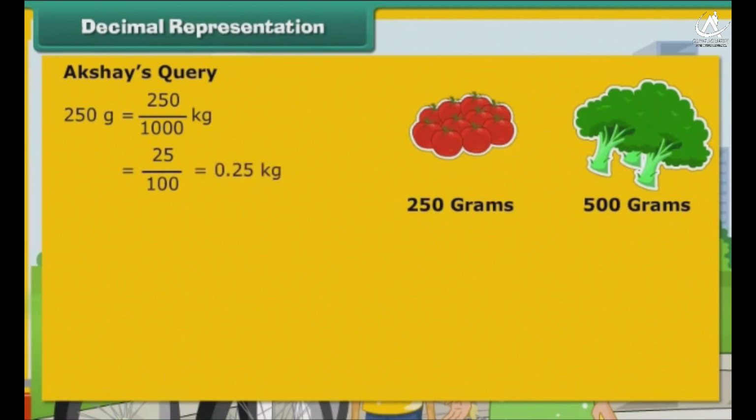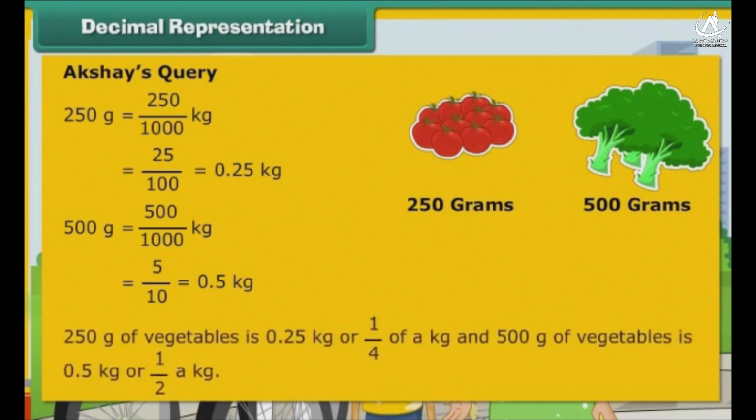That is equal to 0.25 or 1 by 4 kg. 500 gram is equal to 500 by 1000 kg, that is equal to 5 by 10 kg, that is equal to 0.5 or 1 by 2 kg. 250 grams of vegetables is 0.25 kg or 1 by 4 of a kg, and 500 gram of vegetables is 0.5 kg or half a kg.